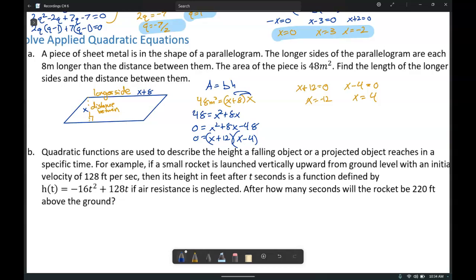Since we can't have a negative distance, we can ignore the negative 12, meaning the distance between them has to be 4. And then given that the longer side is 8 more than the distance between them, then that means the longer side is 12 meters.